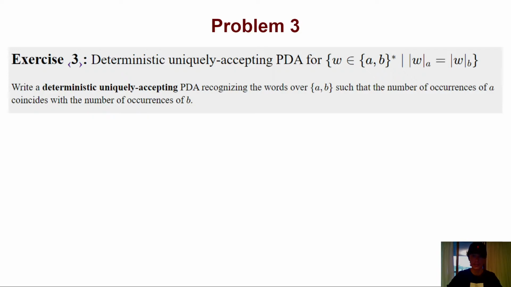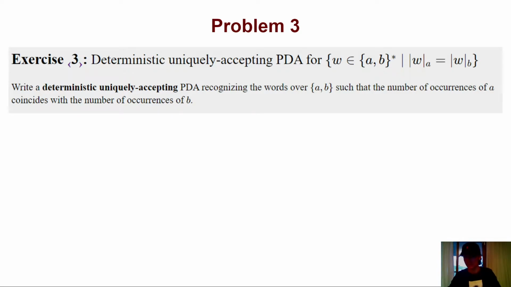So the idea is that if a given word W belongs to this language, then the PDA will accept this word. It will be an accepting word. And in the same way, if a given word doesn't belong to this language, then our PDA won't accept this word as a valid word for this automata.